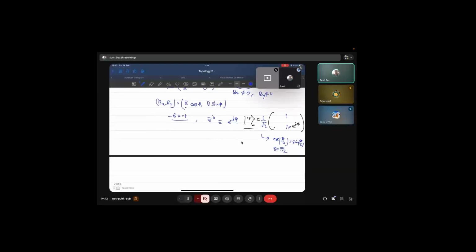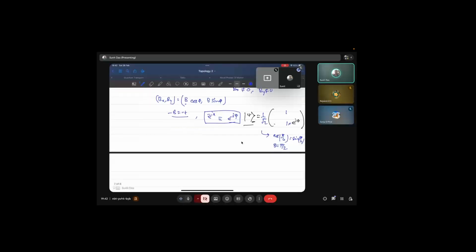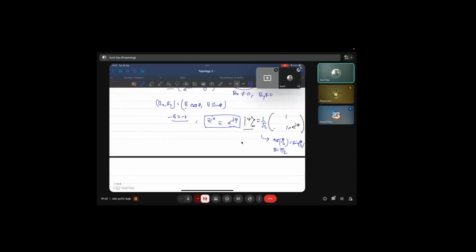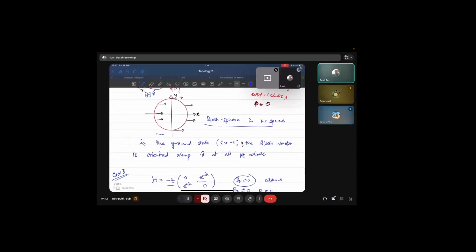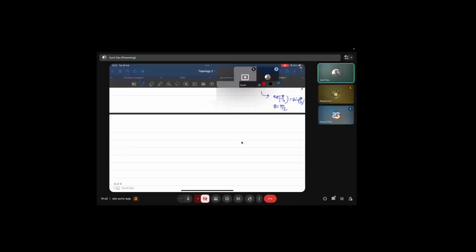Now this gives me e to the power ik is equivalent to e to the power minus i phi. So depending on the k, we have both the scenarios. I mean, Bx and By, both components are there. So earlier we had a case where only the x component was there, but in this scenario, if you draw it, this will look like.